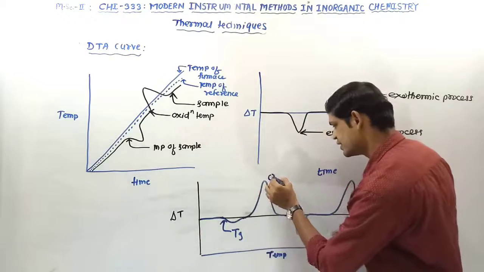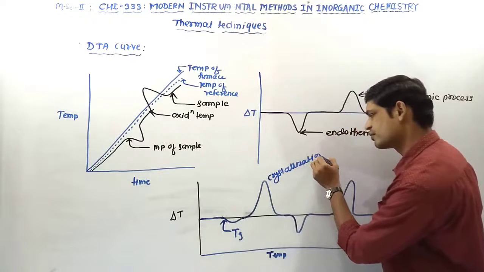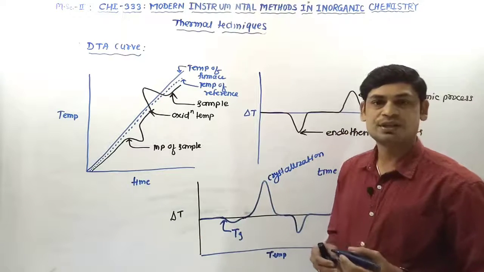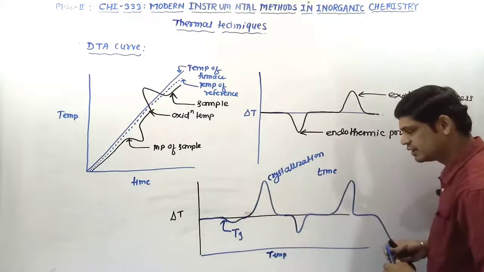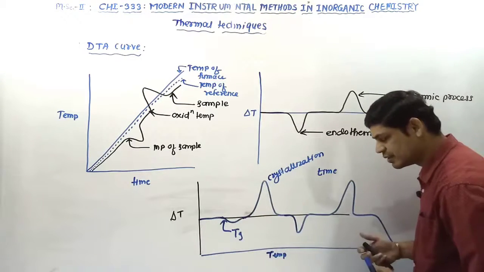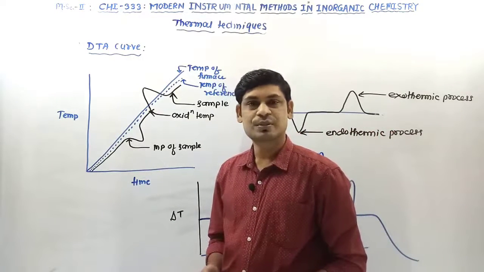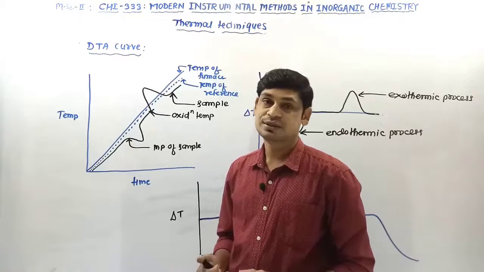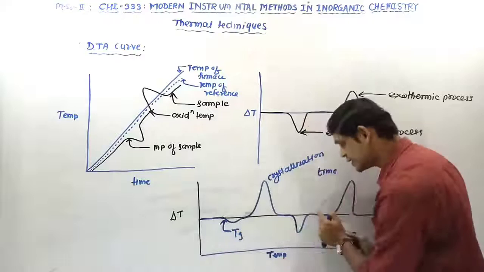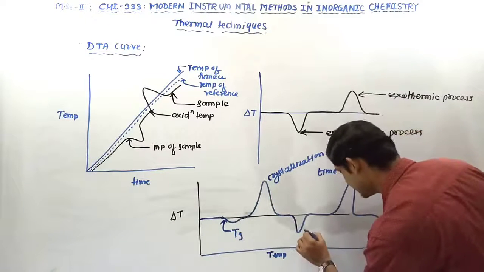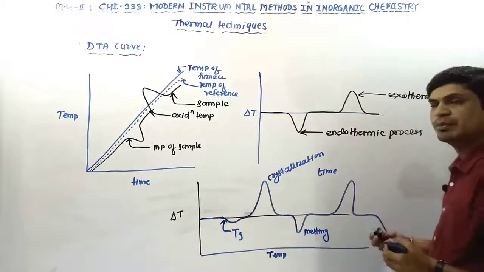So this is your crystallization of polymeric material. Again, still we are heating the material. A time is reached when the polymer starts to melt, and melting point is an endothermic process. Endothermic process gives a downward curve. So this is your melting point, you can say.